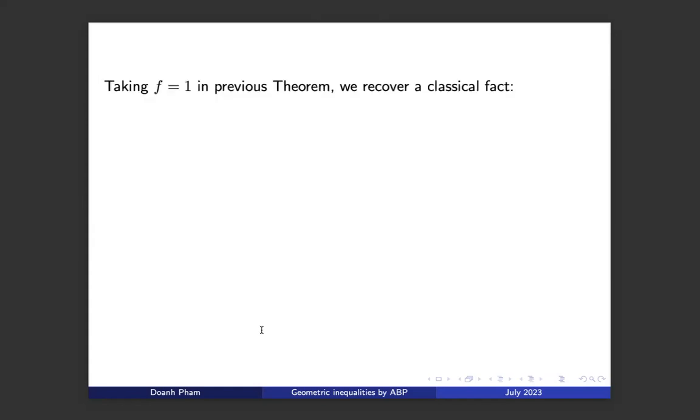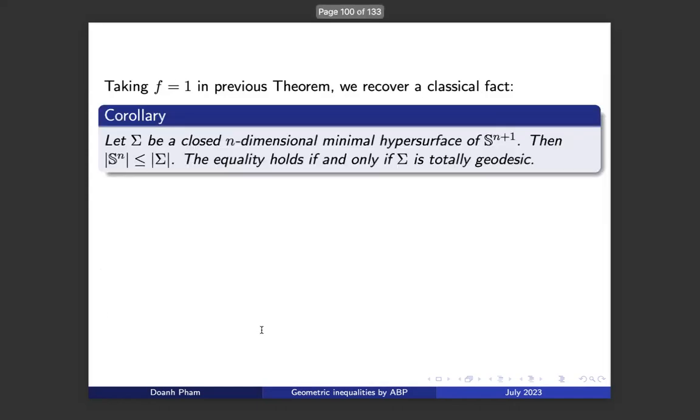So if we take f to be a constant in the previous theorem, we can recover the classical fact saying that among all closed n-dimensional minimal hypersurfaces of S^(n+1), the unit sphere, the equator has the least volume.